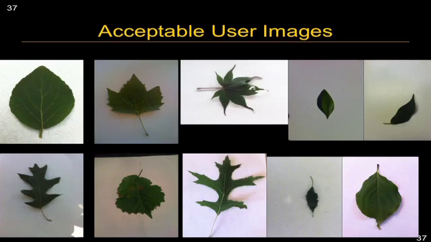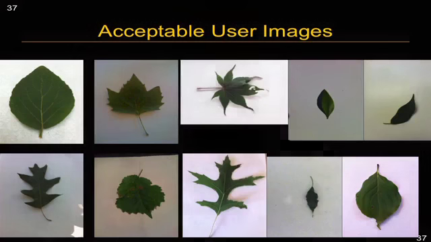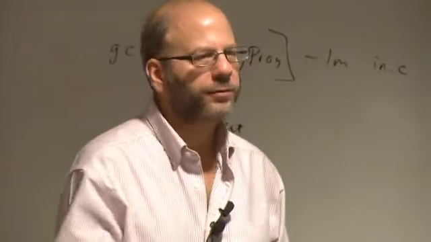We often have shadows associated with the leaves, and also sometimes leaves are somewhat damaged. And you can see there's a shadow here by the stem. So the next step is to now separate this leaf from its background.